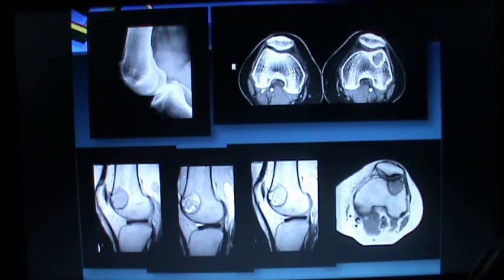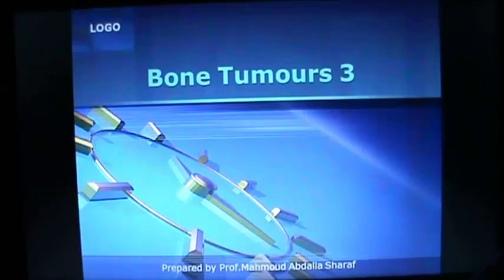These are examples of osteoblastoma at the knee. Mainly osteoid tissue surrounded with some sclerosis. This is an osteoblastoma, or a differential diagnosis can be aneurysmal bone cyst. Both are osteolytic, expanding, blowing the bone with thin cortices. Thank you.